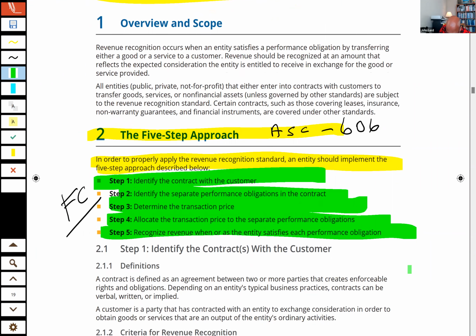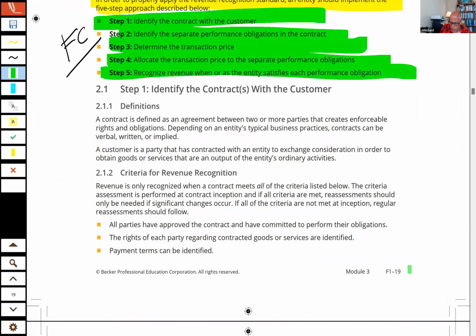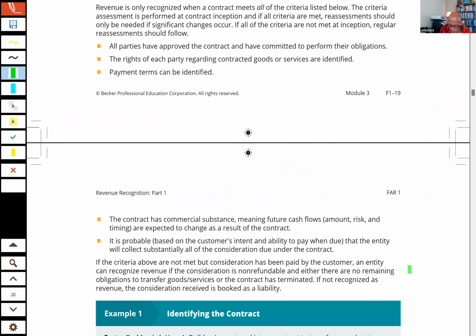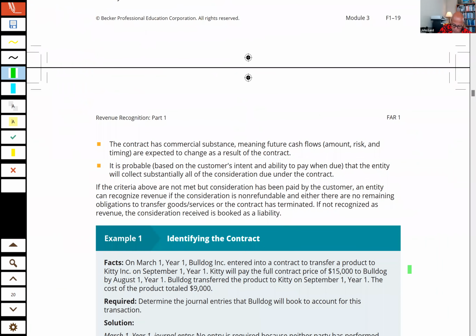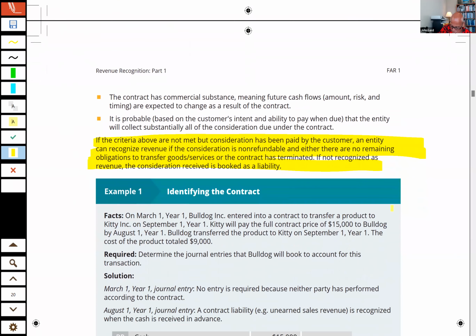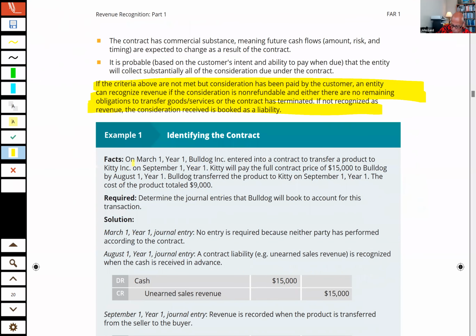Now, if the criteria for revenue recognition are not met, then we will have what? We will have an unearned revenue. So you come over to this example, and they tell us that on March 1st, Bulldog entered into a contract to transfer product to Kitty on September 1st, year one.